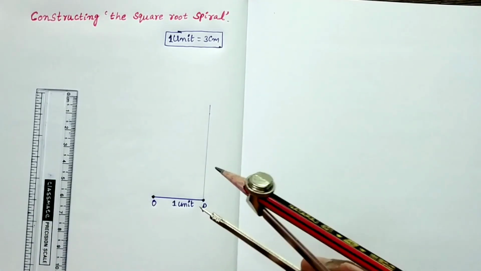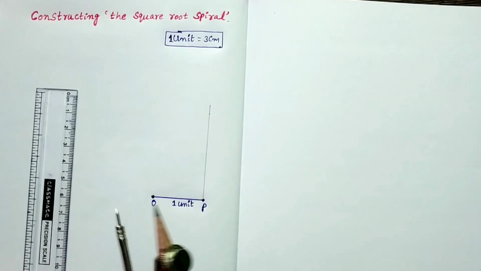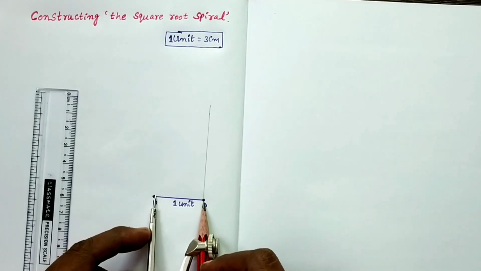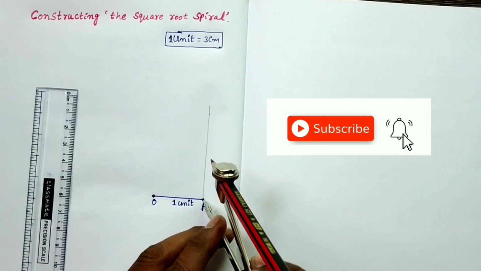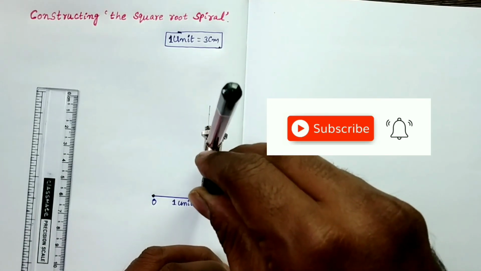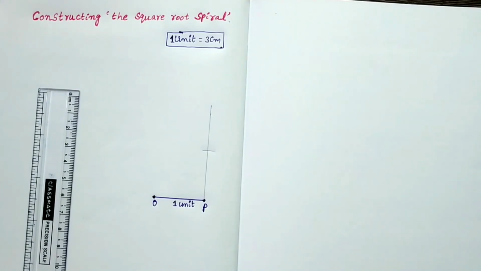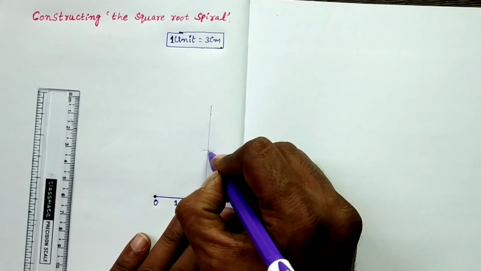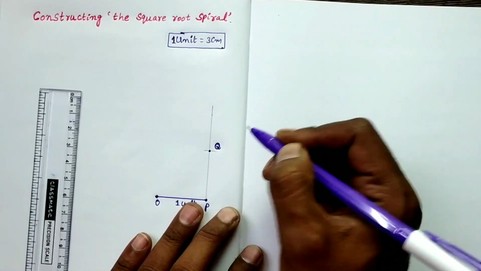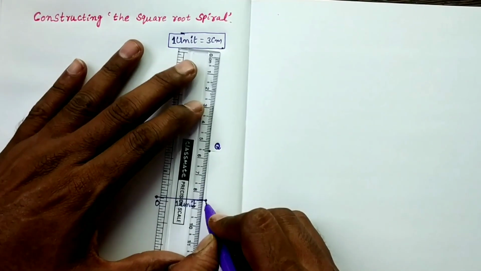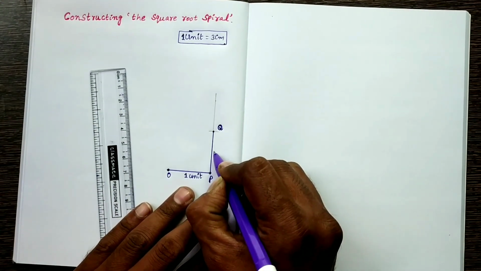Take on this perpendicular line, P as center and this 1 unit as radius. Draw an arc. It cuts this perpendicular line at Q. Now PQ is also 1 unit length.